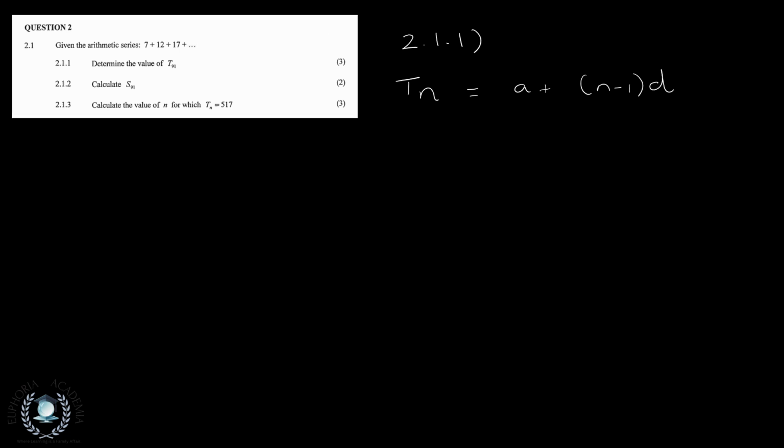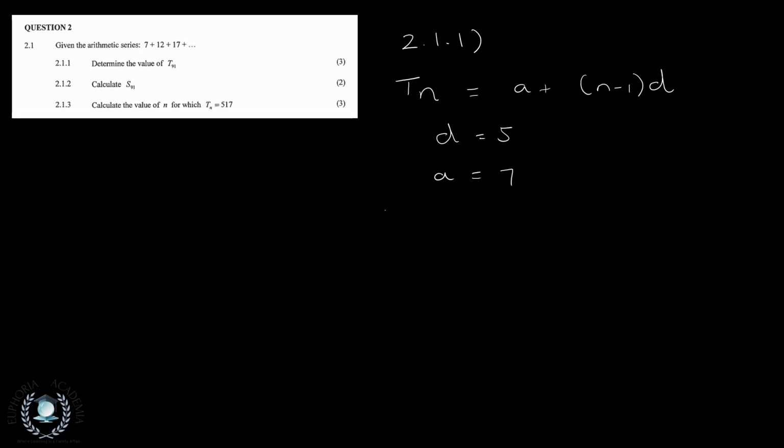Now in this arithmetic series, I can see that we have 7, and then the next number is 12, and then the next one is 17. So I can already see that our common difference is 5, and then the first term is 7.